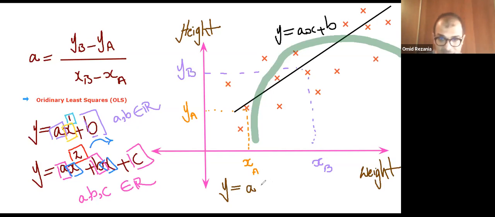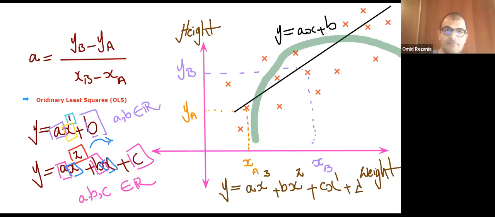It's going to be represented by this equation, ax to the power 3 plus bx to the power 2 plus cx to the power 1 plus d. You say that, okay, that's going to be the line which I'm going to represent it. Then as a result, this is the line which is going to represent my function.